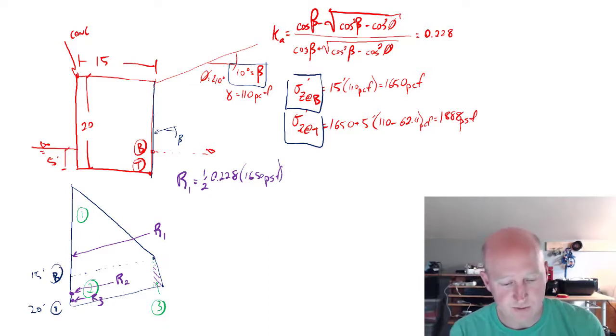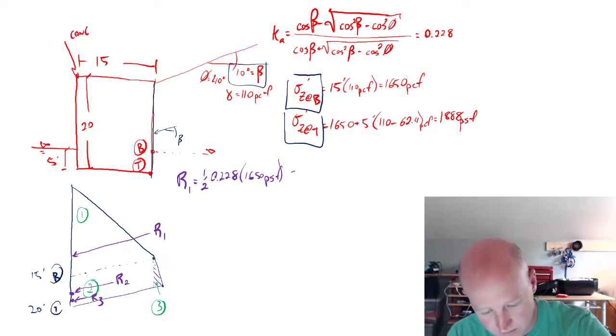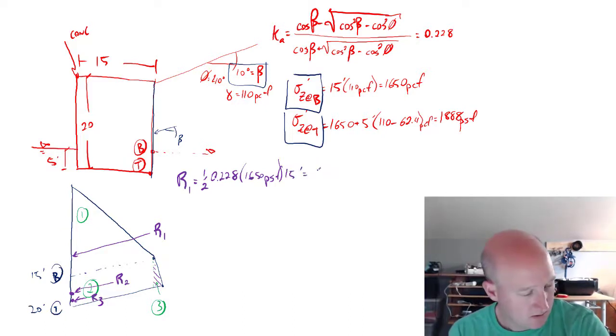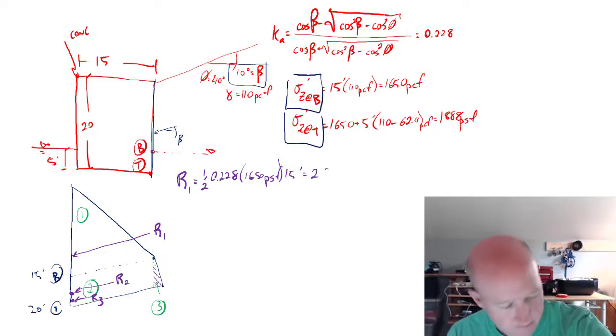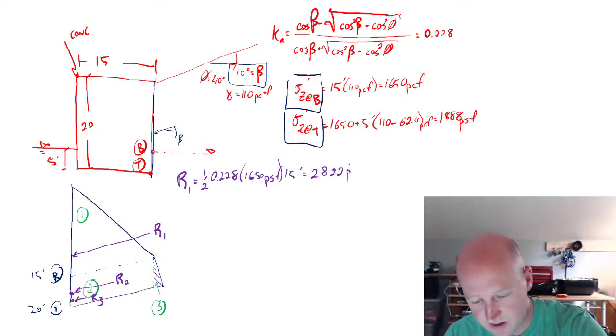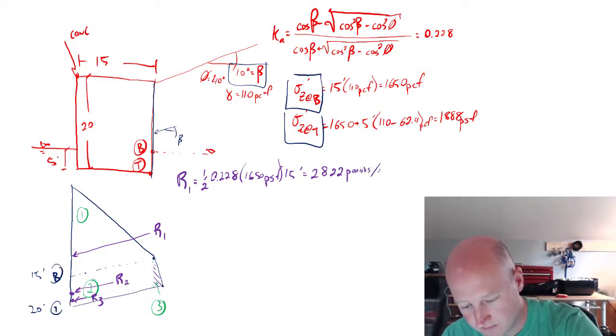And then that gets multiplied by the height of this section, right? So 15 feet. And this is going to be pounds per foot of wall.